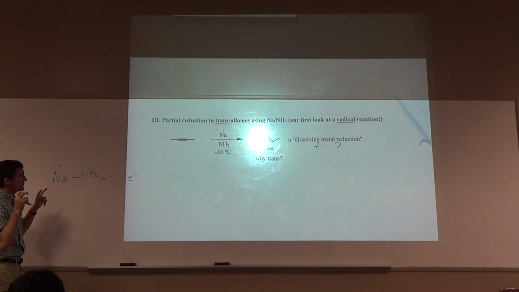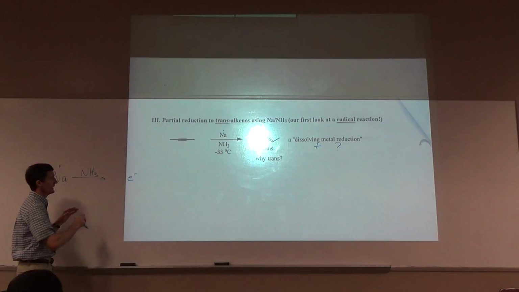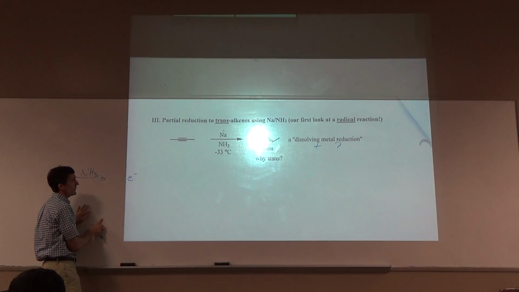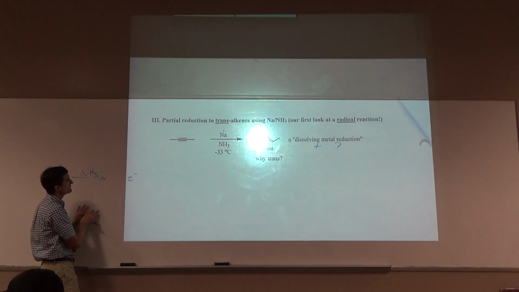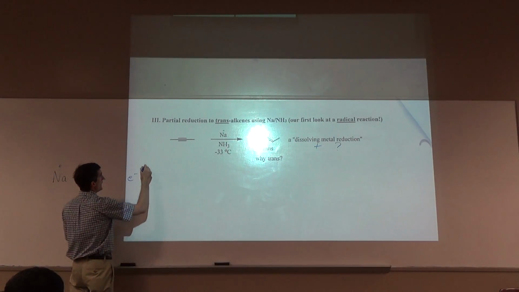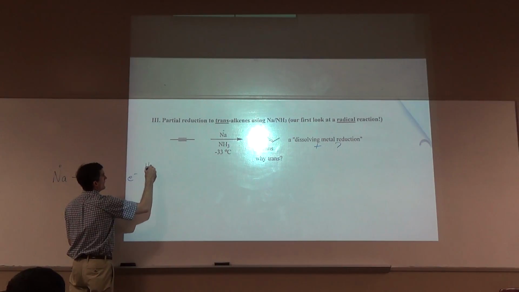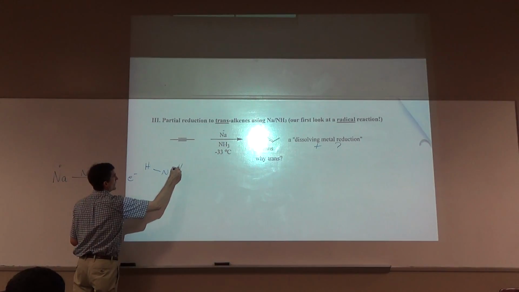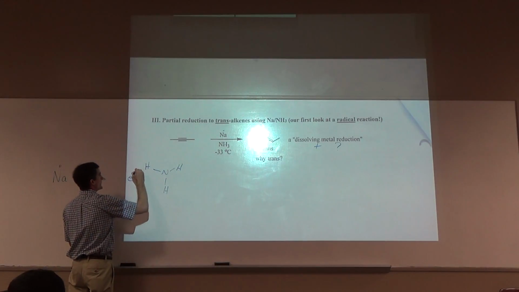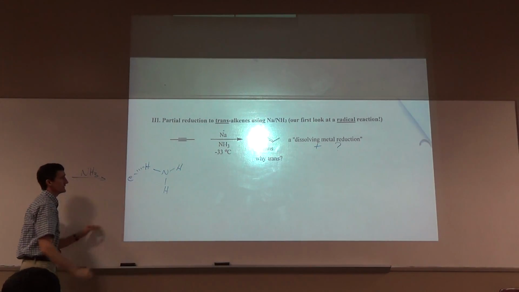But the electrons are known to be sort of free. It's a very unique and interesting reaction outcome. And they're solvated by the ammonia. Maybe we can just show some, almost like hydrogen bonding.